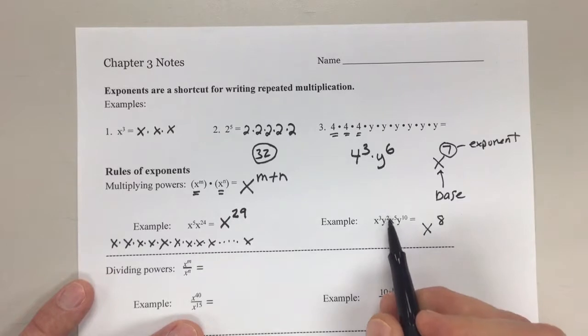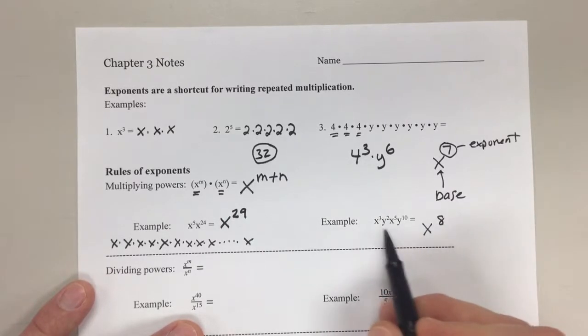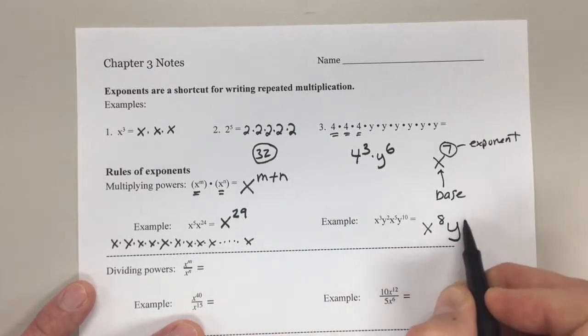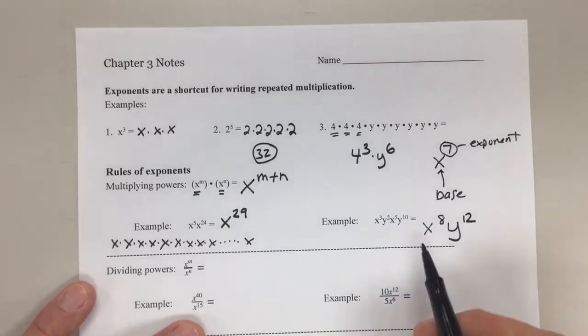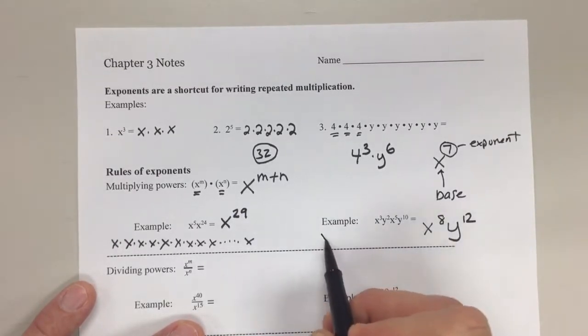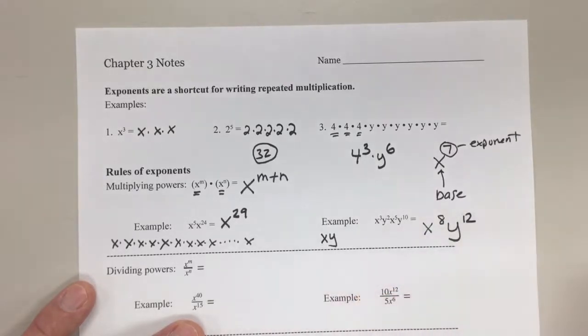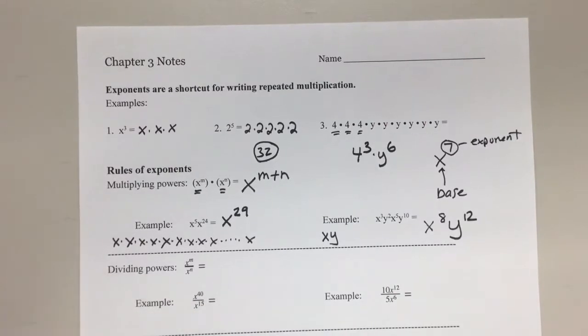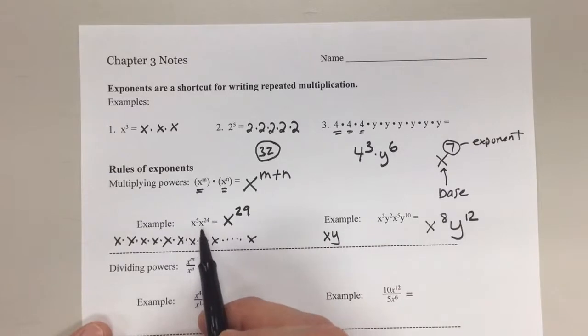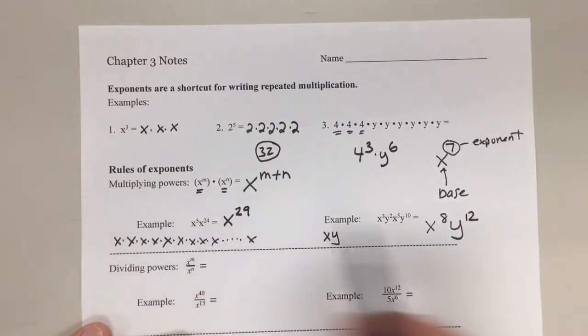And then the y to the second and y to the 10th, I can put together because they have the same base. By using this rule, I would add the 2 and the 10 together, giving me y to the 12th. You don't have to write multiply in between these because it's understood that when you have two letters next to each other, it means x times y. So that would be your final answer. Just remember, when you have the same base, you may multiply. When you're multiplying, you can add the exponents.